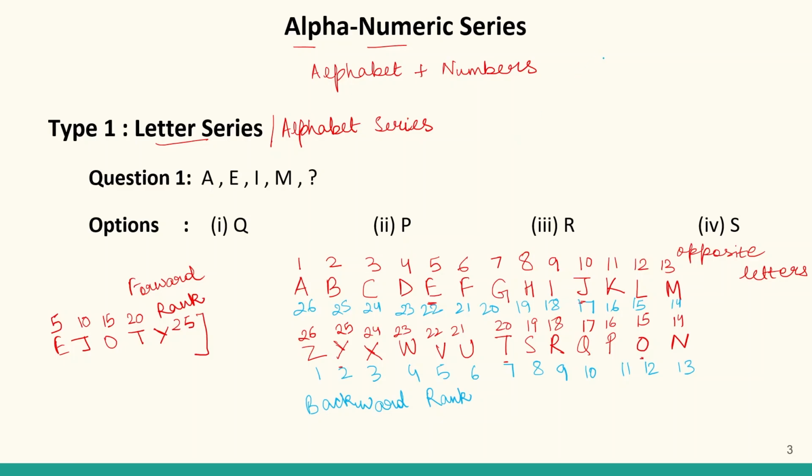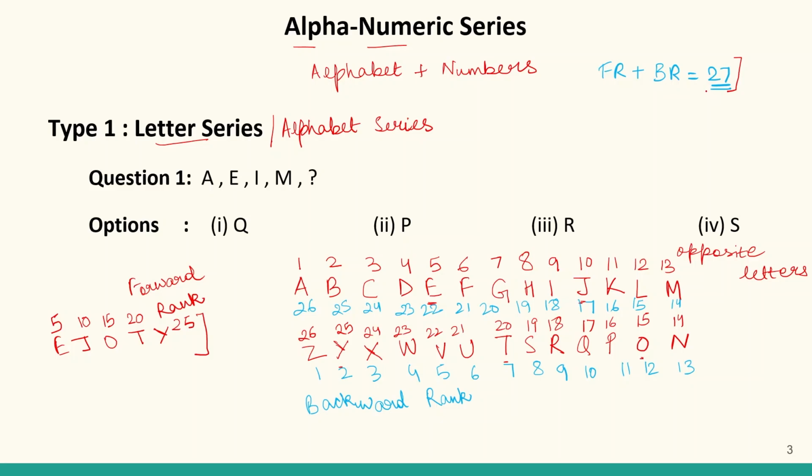Then we learned that the summation of forward rank plus backward rank is always equal to 27. So as you can see here, for A it is 1 plus 26, D it is 4 plus 23, similarly H it is 8 plus 19, and you can take any example to see that the forward rank plus the backward rank is equal to 27.